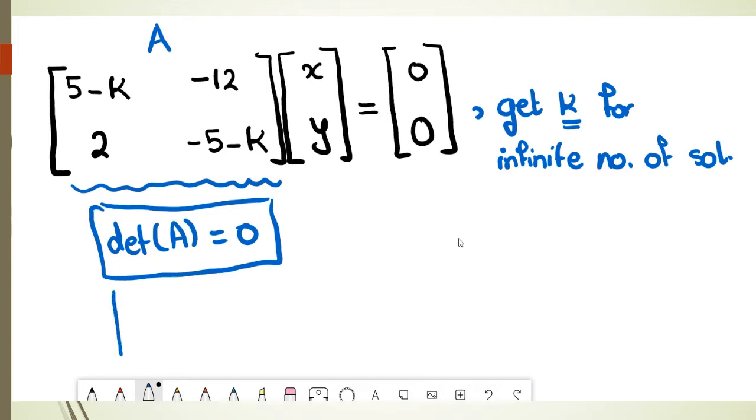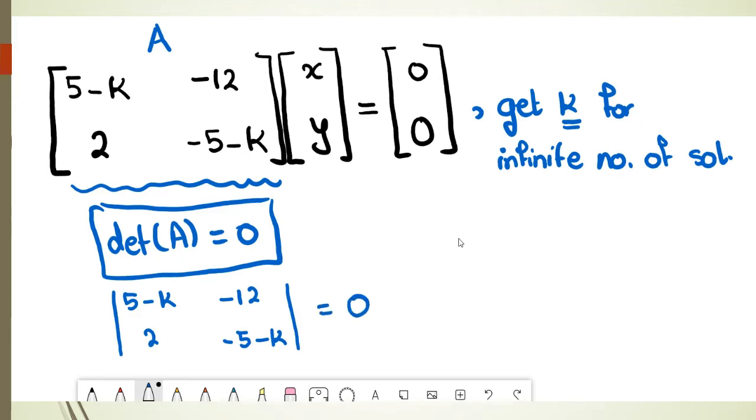First, det A is the determinant of [5 minus k, minus 12; 2, minus 5 minus k], and we equal it to 0.